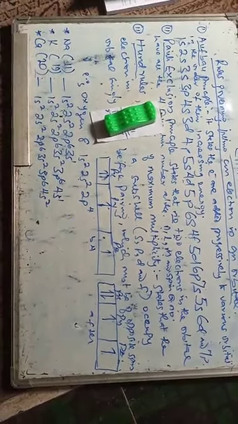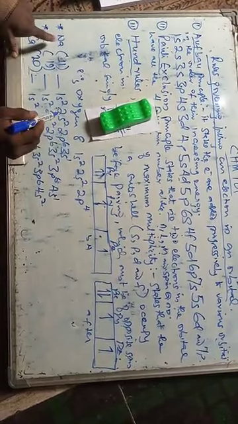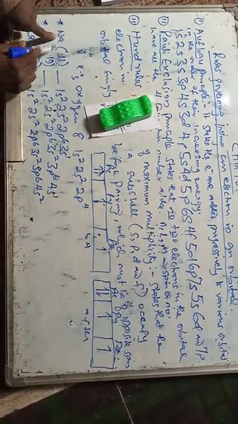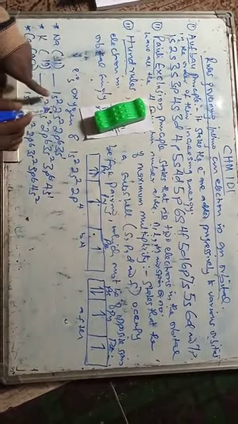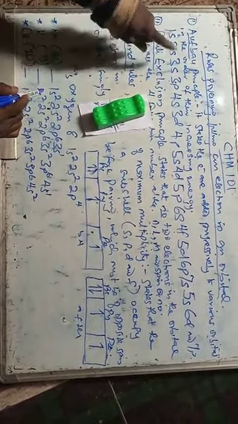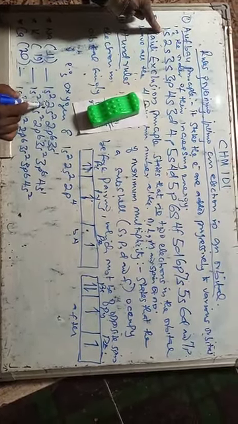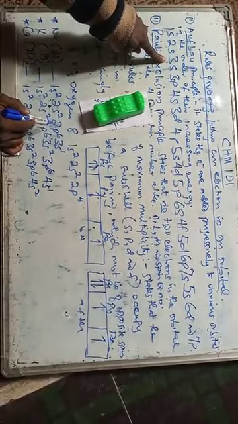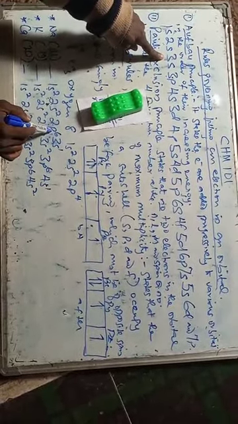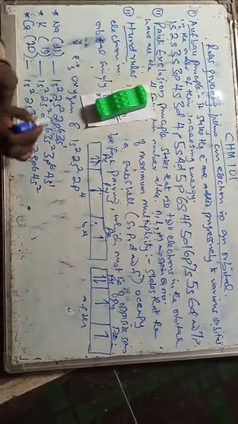Now let us take some examples of how to write the electronic configuration. For example, we have sodium. The atomic number of sodium is 11. You can easily write it following the Aufbau principle, starting from the lowest: 1s2, 2s2, 2p6, and 3s1.